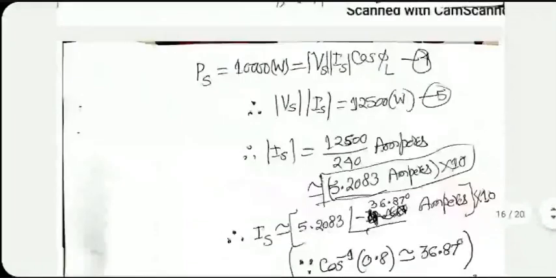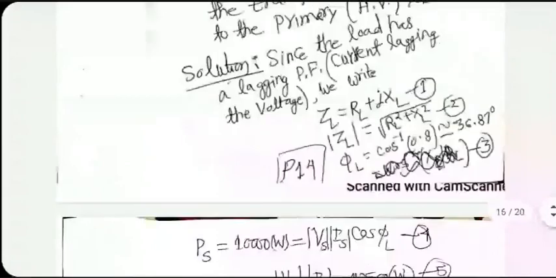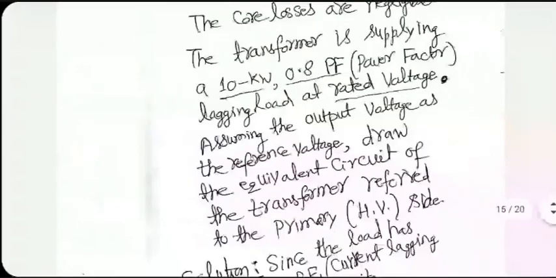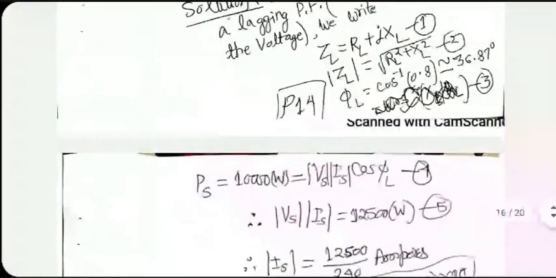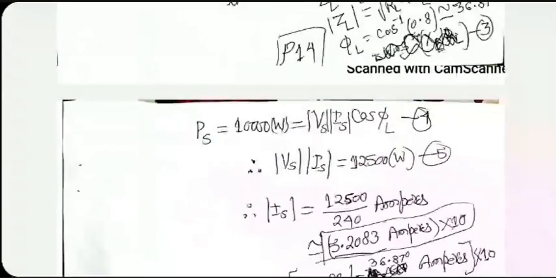Now, the power being consumed, real part is 10 kilowatt, which means 10,000 watt. And it should be magnitude of secondary voltage multiplied by magnitude of secondary current multiplied by cos phi L. We have seen this in several previous examples also. So that gives you magnitude of Vs multiplied by magnitude of Is as 12500 watts. And you know magnitude of Vs as 240 volt, it is given.